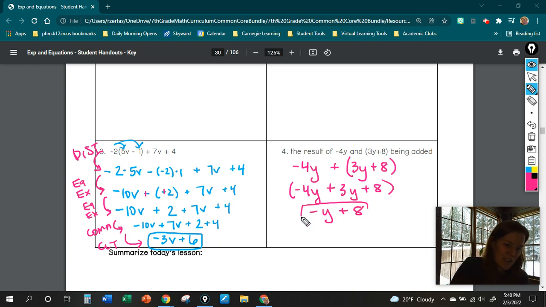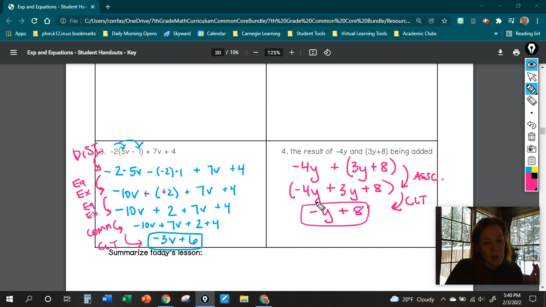This one I think is actually even one of the easier ones on the page, but it just goes to show that you're adding these two things. You need to use the associative property to change how they're grouped. That allows you to then combine like terms to be able to simplify. So you have a -4 and a +3. Your result is -1y.